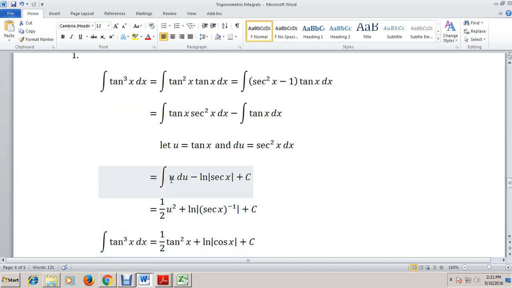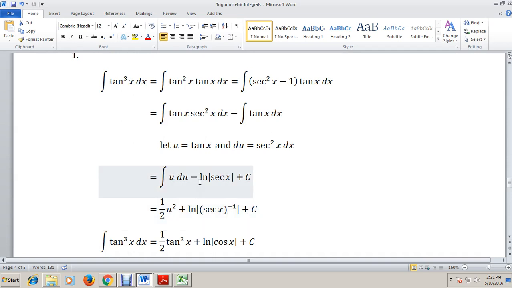Of course, using the power formula, this becomes u raised to 1 plus 1 over 1 plus 1, or that becomes 1/2 u raised to 2 plus, and this could be left as negative ln of secant x. Or simply by the properties of the logarithm, if the logarithm is preceded by a negative sign, the negative sign can be placed inside the logarithmic function as an exponent.